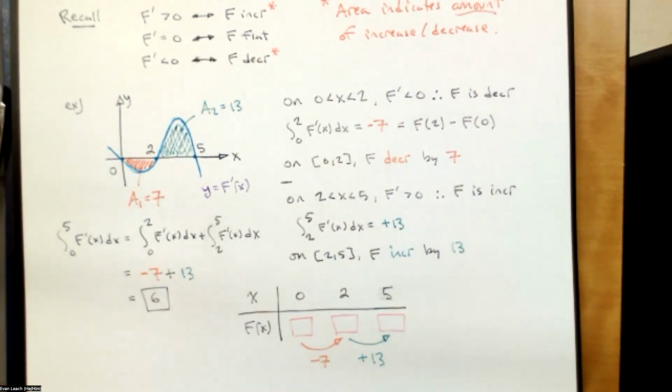The derivative is only telling us how the function is changing, not where the function is. This is the table version of the plus c.